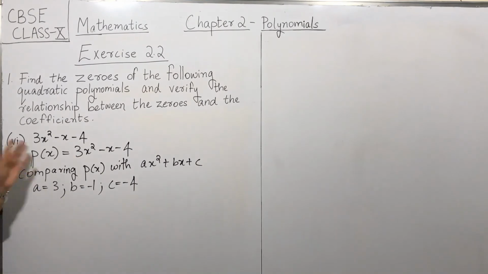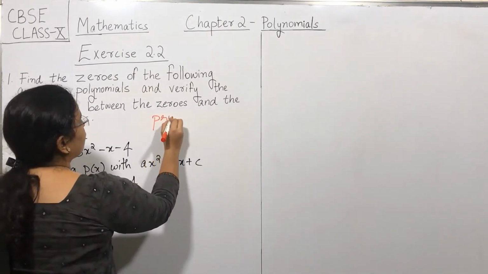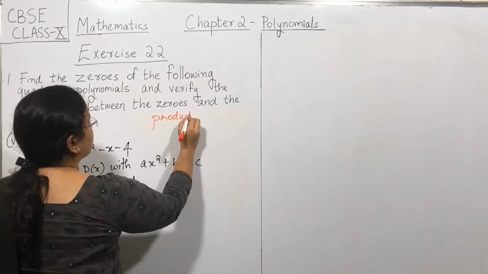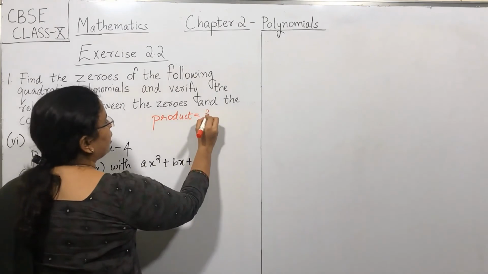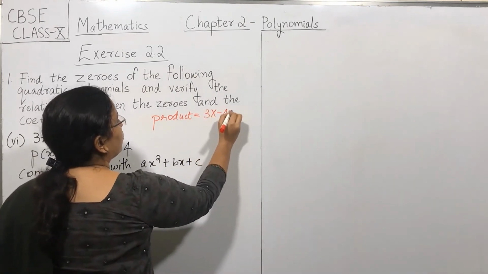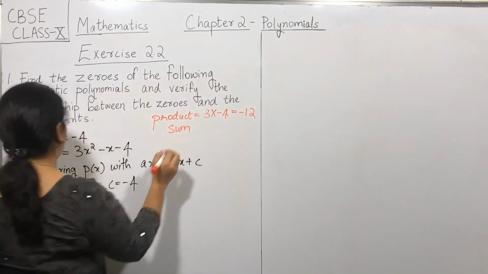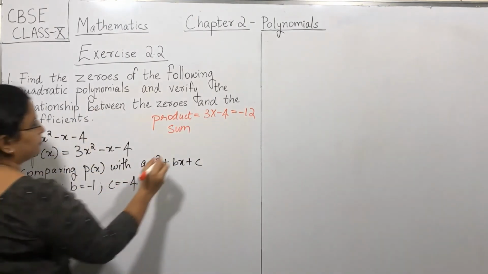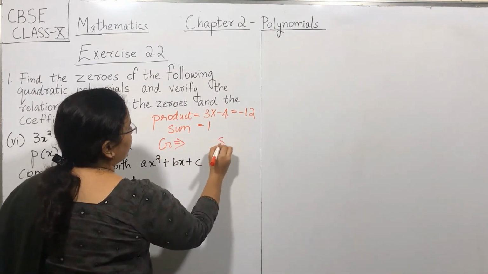Now here we can split the middle term. For that we need to get the product, that is coefficient of x square into constant term, that is 3 into minus 4. 3 into minus 4 equals minus 12. Sum, that's the middle term, that is minus 1. Now greater number, smaller number.